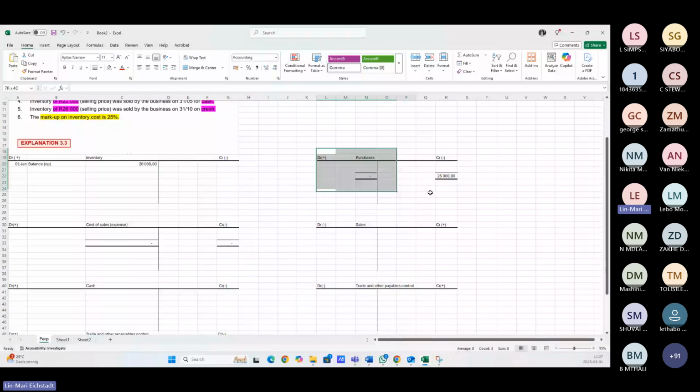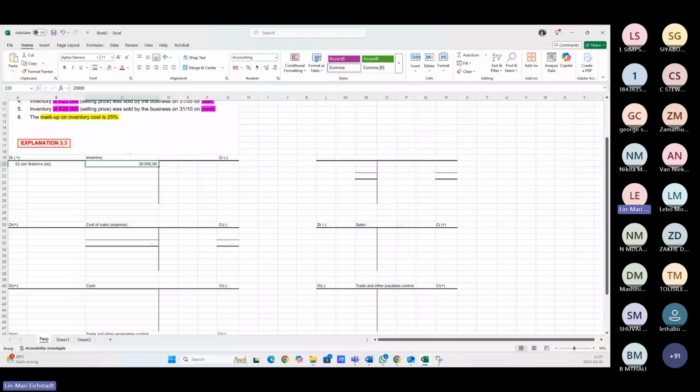It's only used for the periodic system. So first of all, we can start with our opening balance on inventory on hand of 20,000. This doesn't have a reciprocal entry because this was an opening balance brought forward from a prior year. Then we have purchases of inventory of 10,000 by the business for cash.